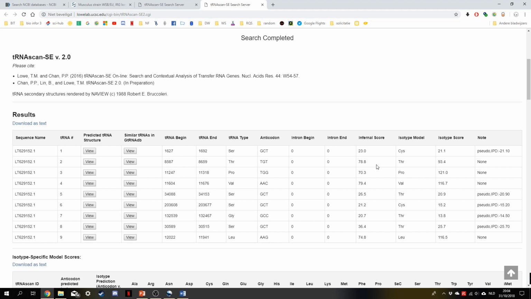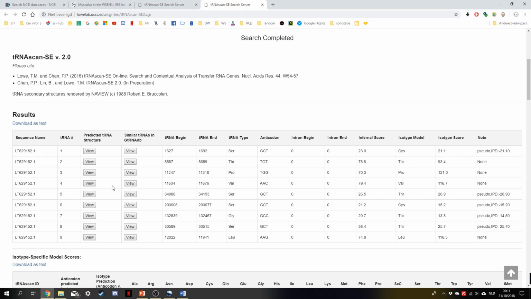So this is less specific, and as it is less specific, the score is lower. However, the isotype score is the score of the best scoring isotype model. So 20 isotype models were tested, and the best model with the best score is the one with this amino acid and the complementary score of 93.4.